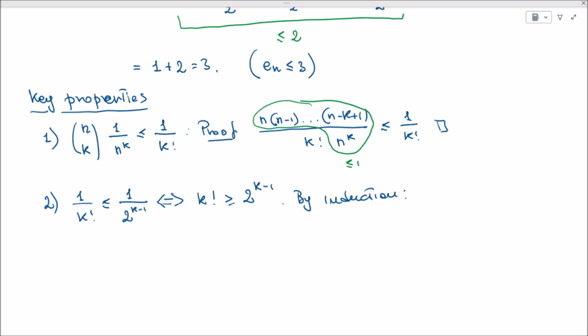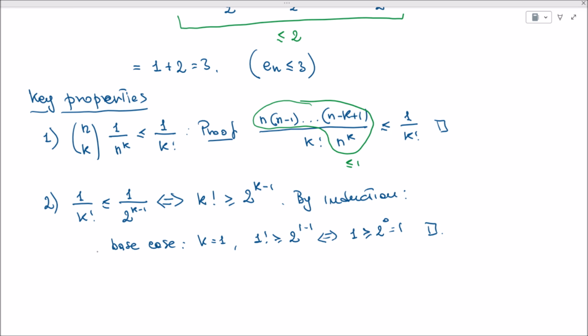So let's do this. We have the base case, and the base case is that for k equal 1, we have 1 factorial larger than or equal to 2 to the 1 minus 1, which is just like saying that 1 is larger than or equal to 2 to the 0, which is 1, and this is easily proved.